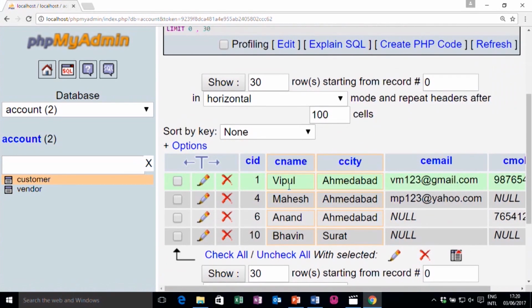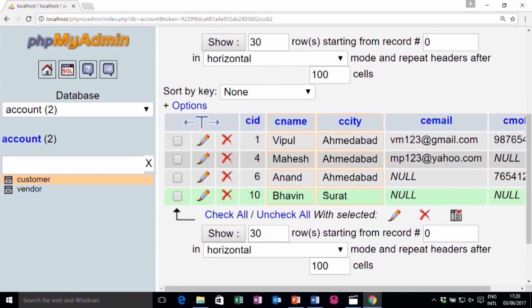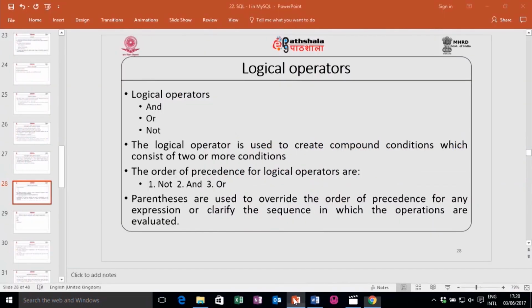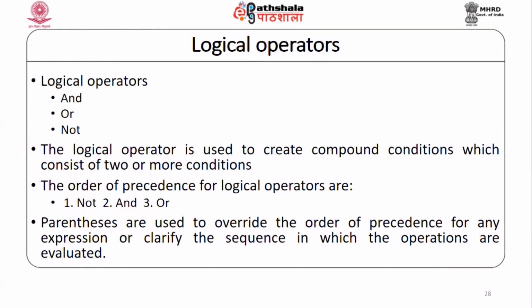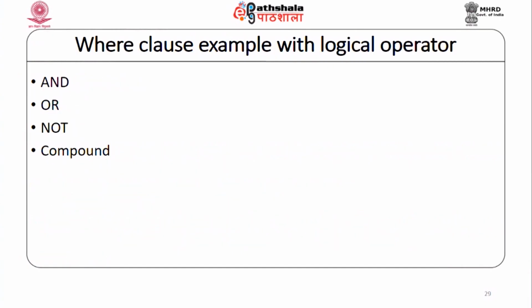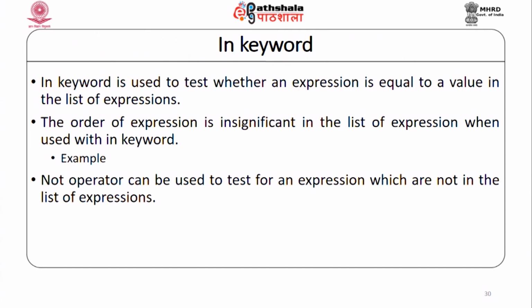So, in my table, though Bhavin lives in Surat, as per my condition it will show me that record. So, these are logical operators. You can use the WHERE clause with AND, OR, NOT.